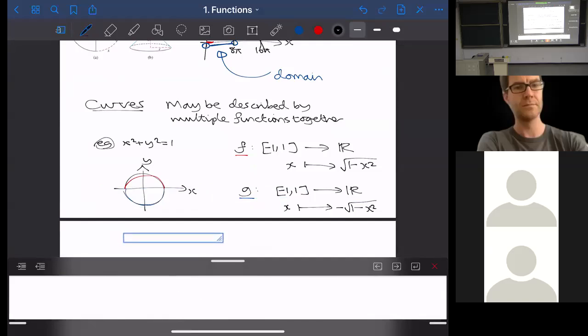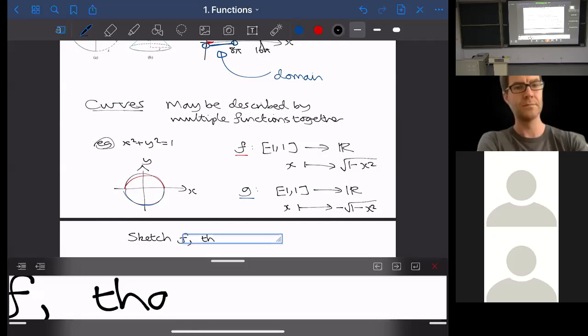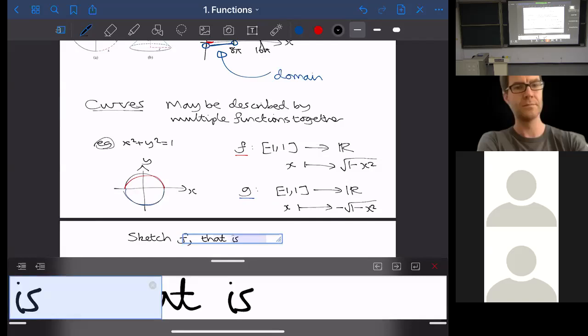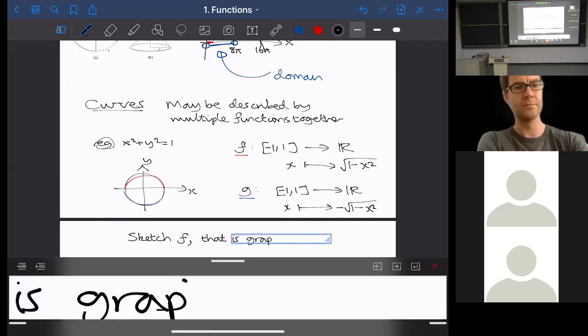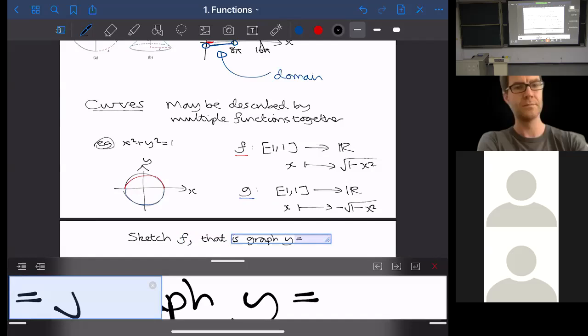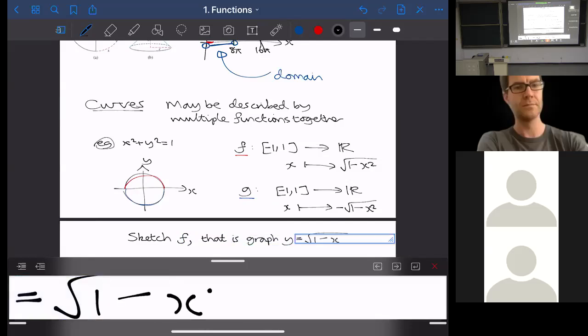So why is that? Well, let's sketch f. So that is a graph of y equals the square root of 1 minus x squared.